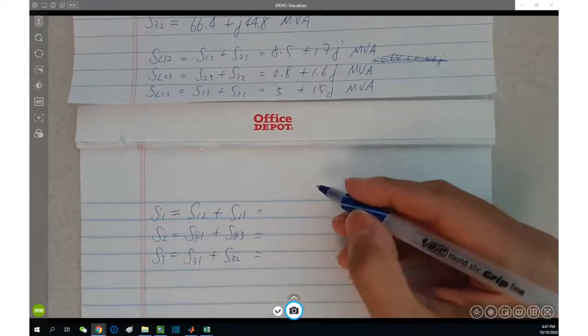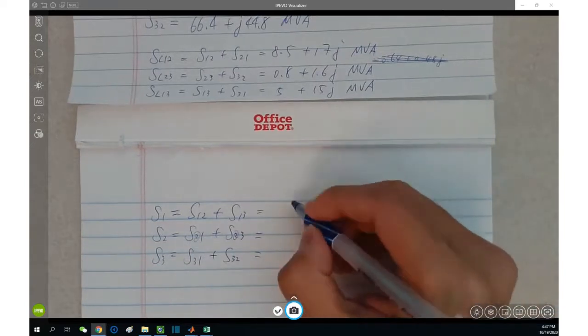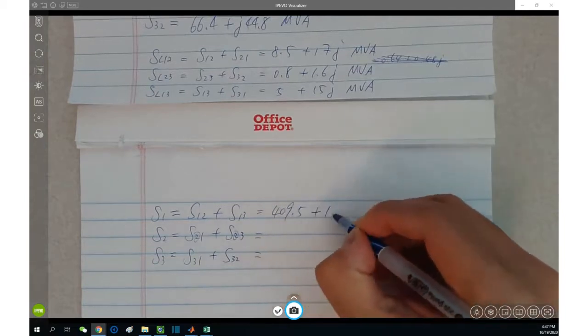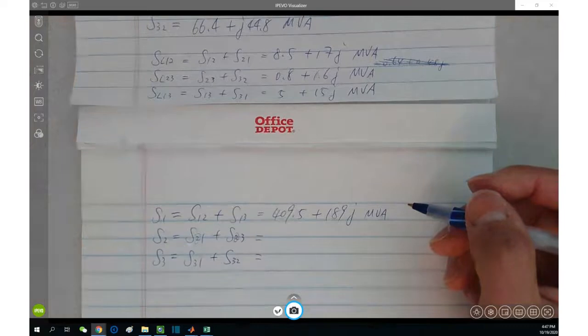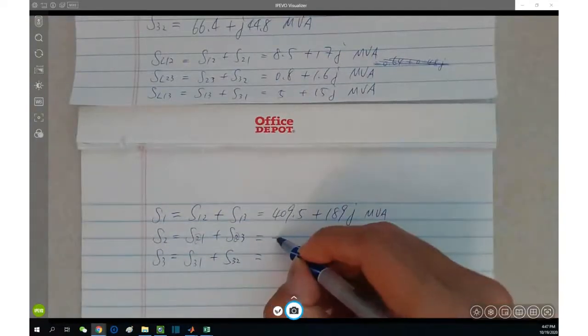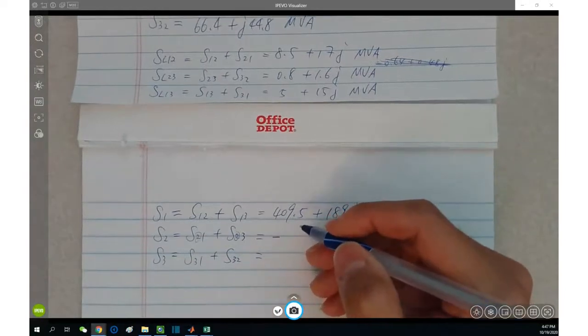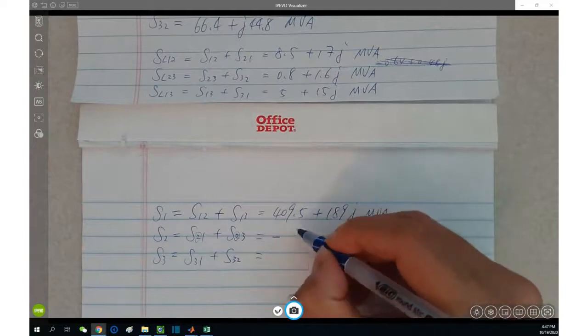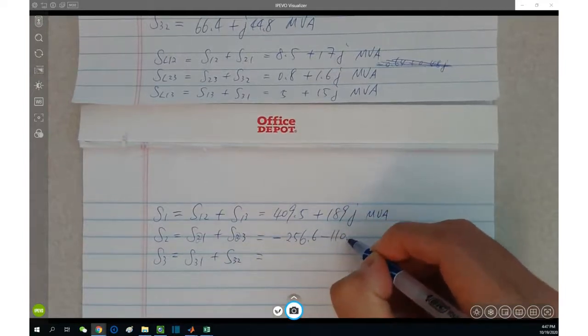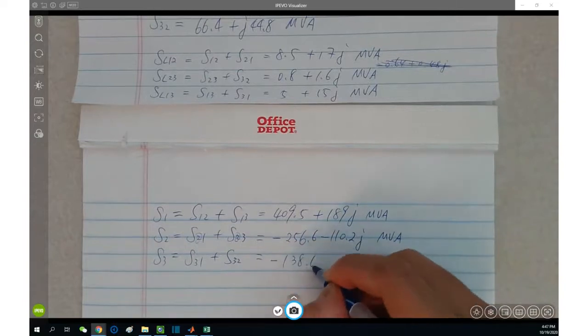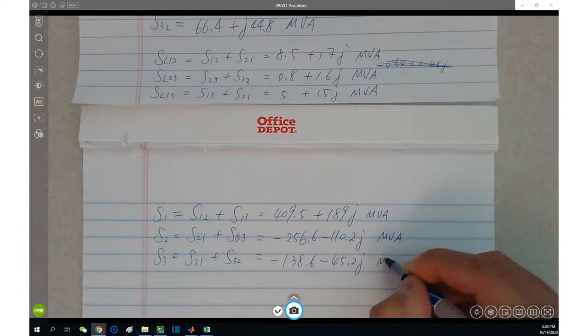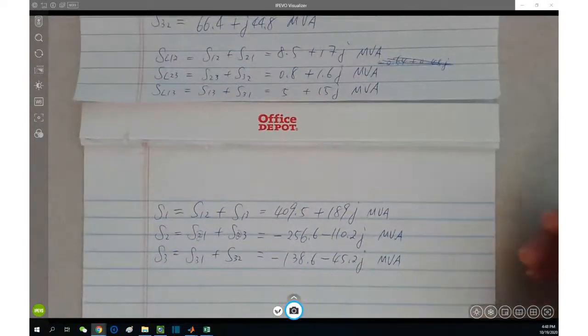Eventually, what do you get? S1, S2. There might be a little bit off in the digits because we are calculating big power.